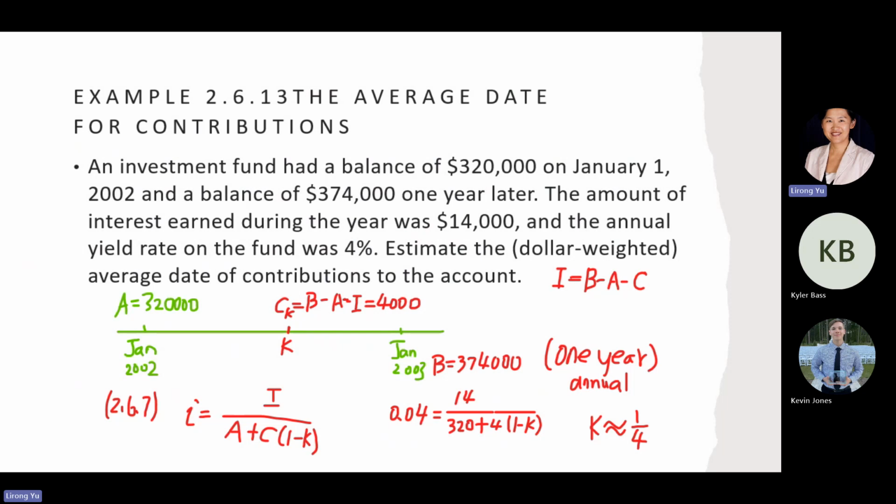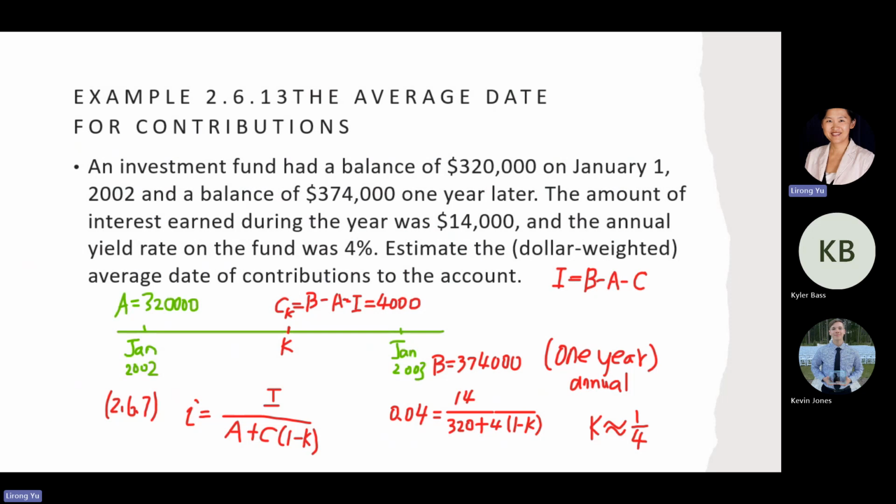So in the formula for the interest rate, i equals I over A plus C times (1 minus k). We're assuming there's only one deposit of 4,000, and we're trying to find what time that deposit happened. We're trying to find k. The i is given in the question as 4%, I was 14,000, A was 320,000, and C was 4,000.